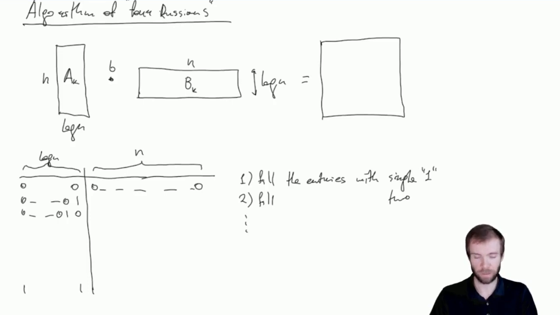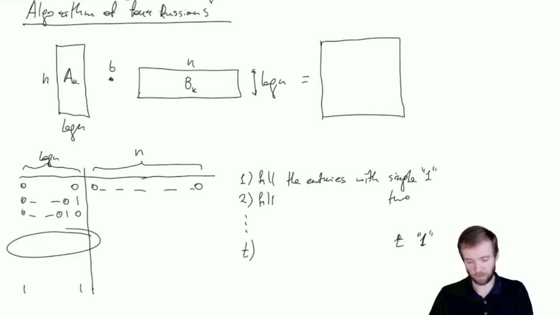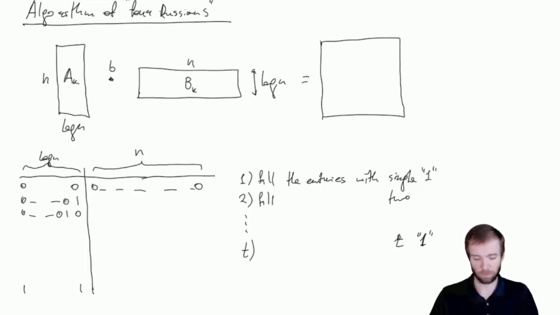of B. So by the time we get to step T, we would have all disjunctions computed of at most T rows of matrix B, which would correspond to tuples here on the left side with at most T ones. And now, when we compute the entries on step T plus 1, we take a disjunction of T plus 1 rows of BK, but this disjunction contains a disjunction of T rows and one new row in it.